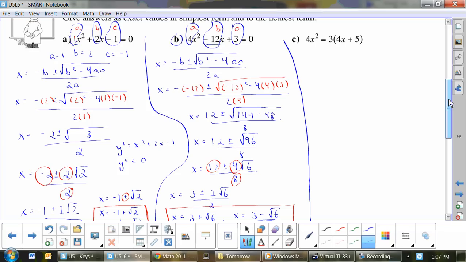Okay, so for C, to use the quadratic formula, we have to make sure that everything equals 0, just like this, right? So the first thing we're going to do is distribute that 3 across.